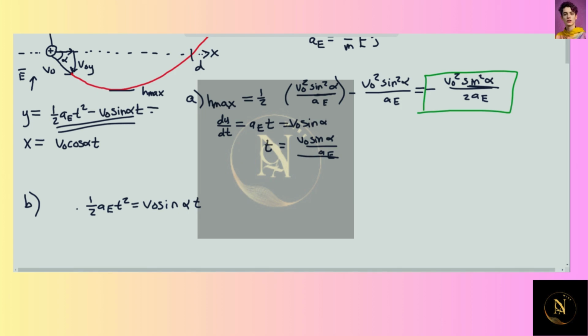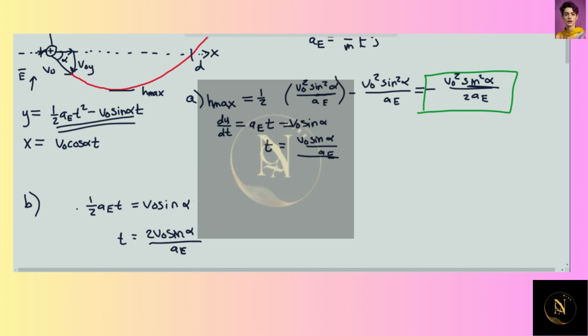And we know that t equals 0 is one solution, which is when the proton is here, but we're not interested in that. So we can divide both sides by t here, and we can solve for t in this equation. We'll find that t is equal to 2 v sub 0 sine of alpha over a sub e.